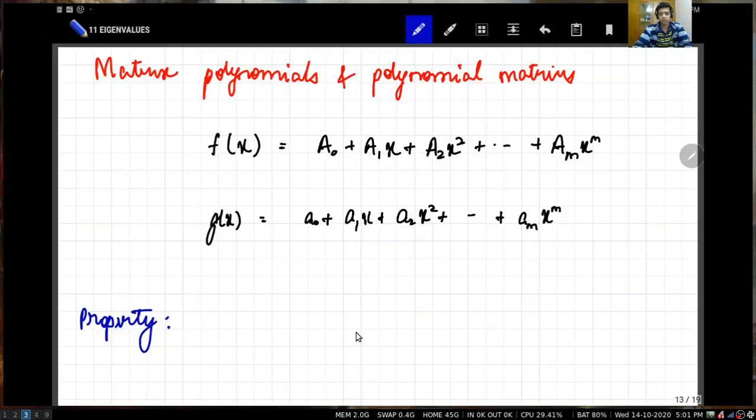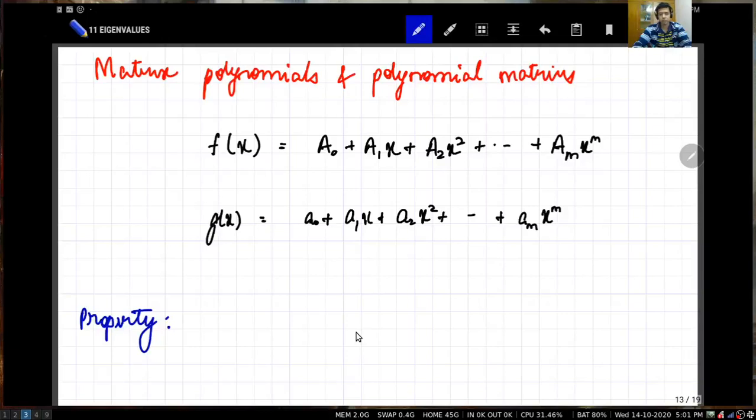This is as opposed to a standard polynomial that you've seen with real valued coefficients, such as this g of x, which is a0 plus a1x and so on up to amx to the m. They basically have very similar properties, except that the coefficients are matrices instead of real numbers.